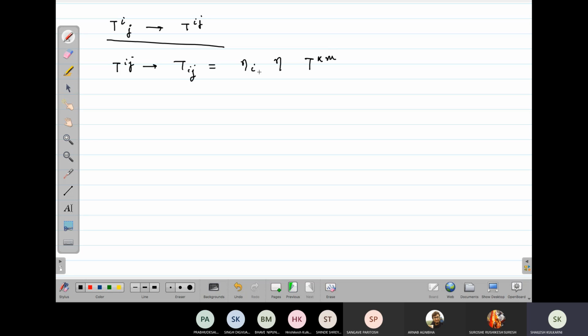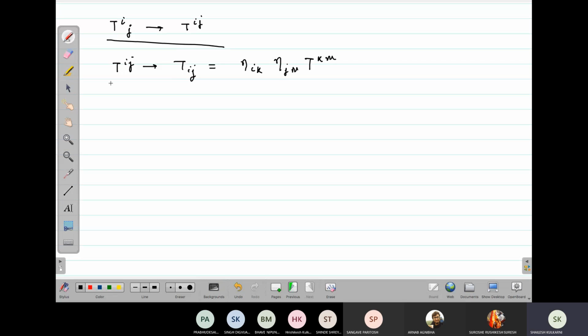So eta_ik, where k is getting summed over, and eta_jm, where this m is coupled with this m and they are summed over. So eta_ik eta_jm T^km. This gives me T_ij.